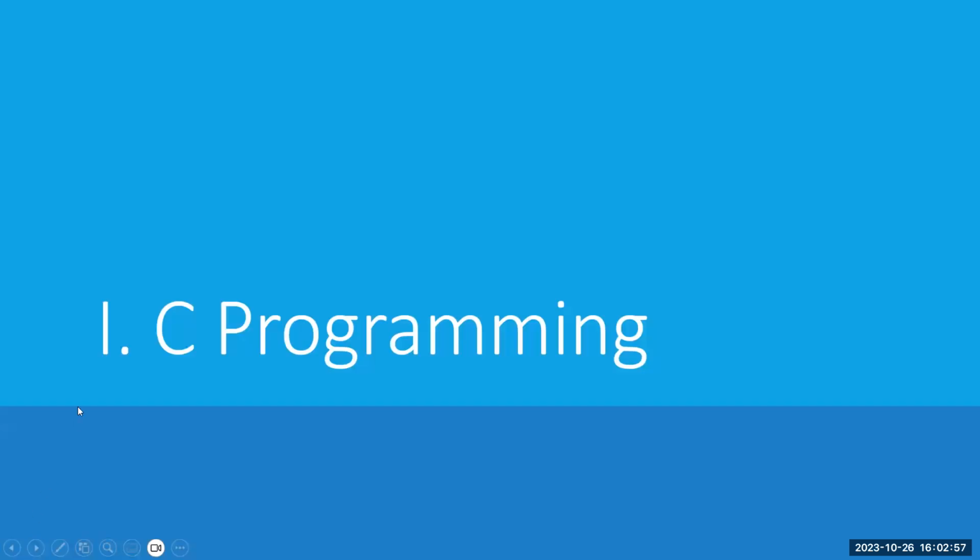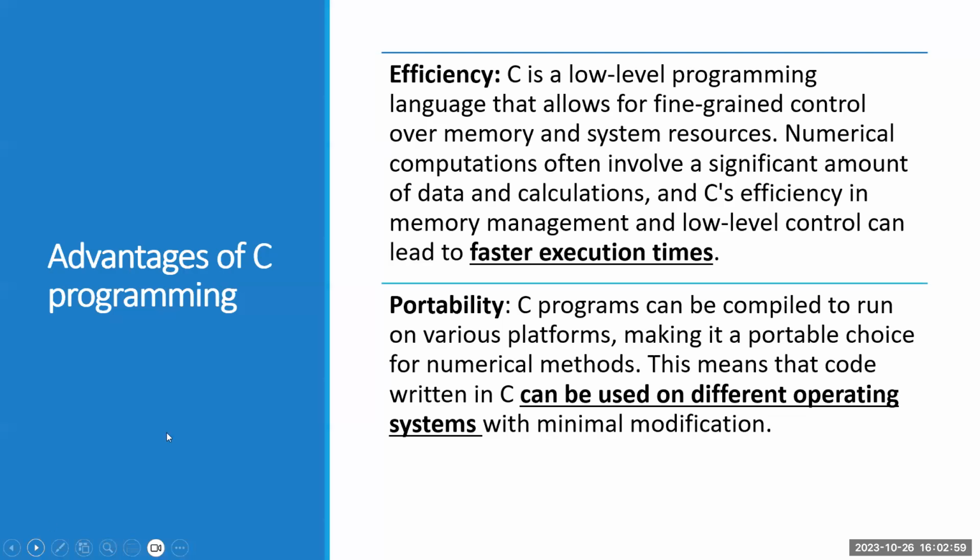So first, let's talk about some of the advantages of using the C programming language for numerical methods. C is known for its efficiency, resulting in faster execution times. This efficiency is crucial in numerical methods where we often need to perform numerous calculations in a short time.